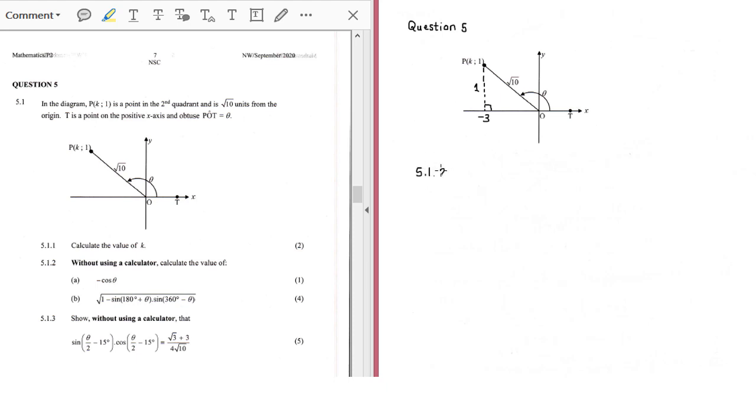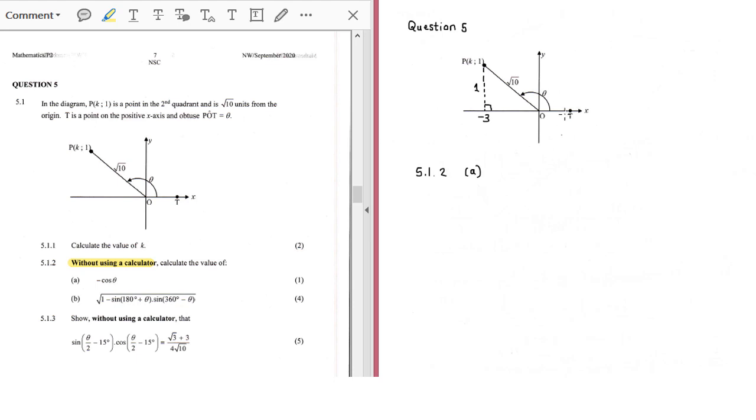Question 5.1.2, part A. They say calculate, without using a calculator, the value of the following. You're looking at the negative cosine of theta. For this one, notice that this angle theta is basically an angle in the second quadrant.